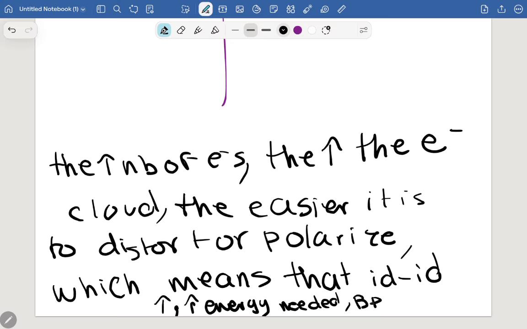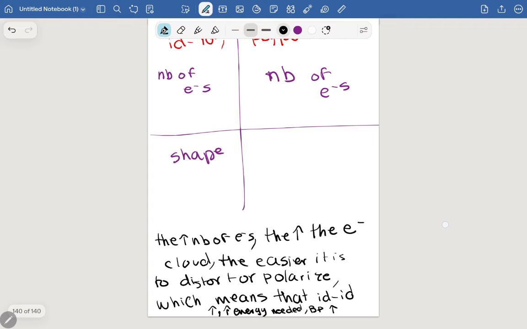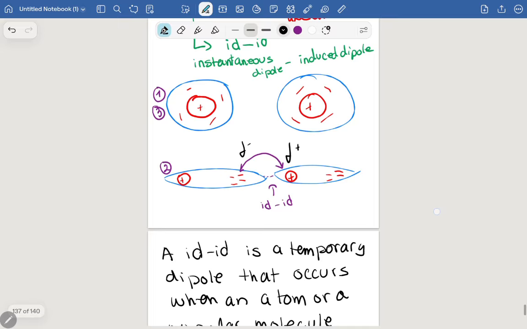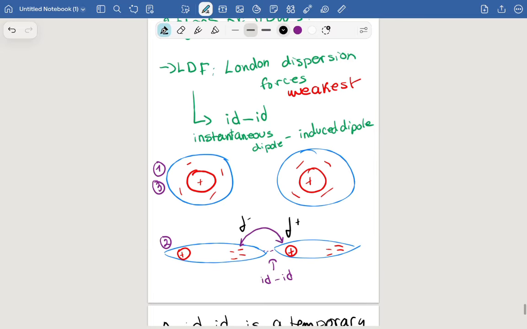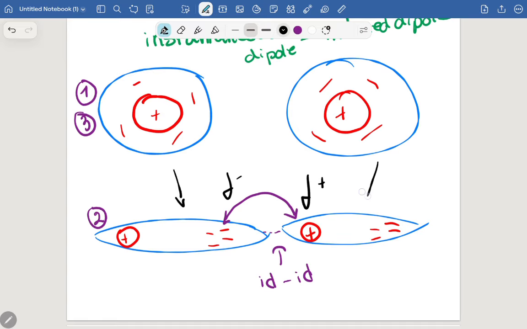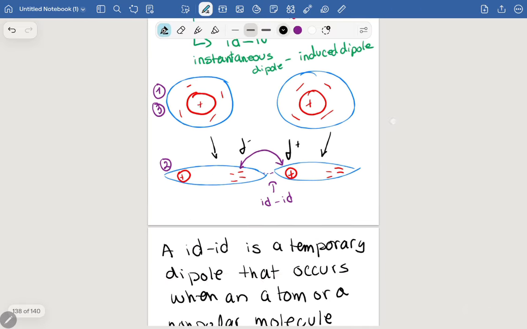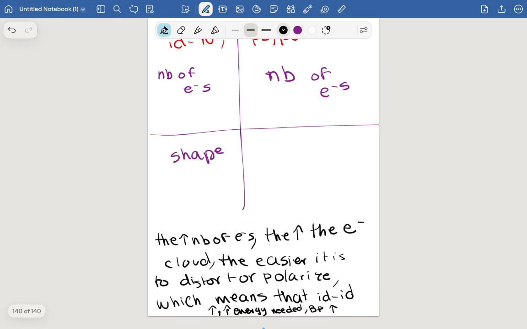So very simply, what am I trying to say over here? If you go back to the instantaneous induced dipole, you will see over here that their shapes distort in order for them to form this instantaneous dipole. Now, if there's a greater number of electrons, that means the electron cloud is going to be larger. If it's larger, it's going to be easier to distort and change the shape.